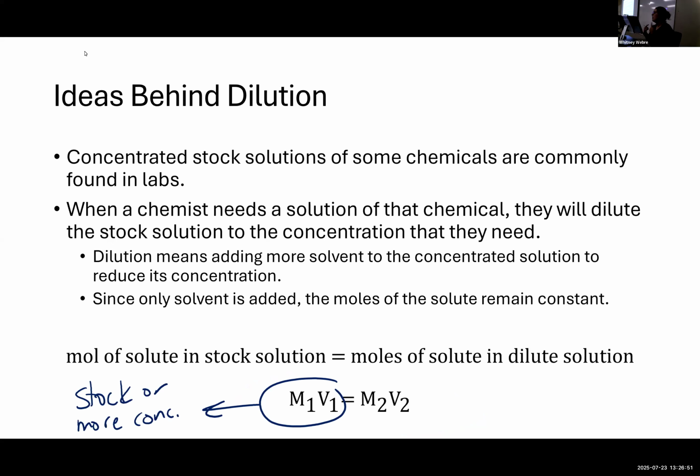So the bigger the concentration, that's your more concentrated. The 2 is your dilution, or less concentrated. But I'll be honest, this equation works either way. If you said the 2s were the more concentrated, if you said the 1s were, it doesn't matter. You will get the right answer anyway, as long as you have them connected to each other the right way.